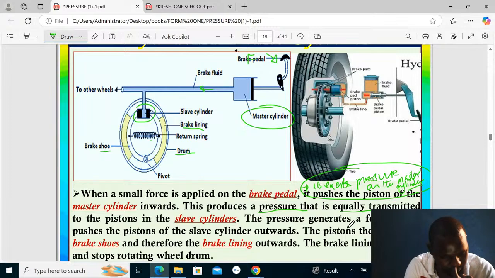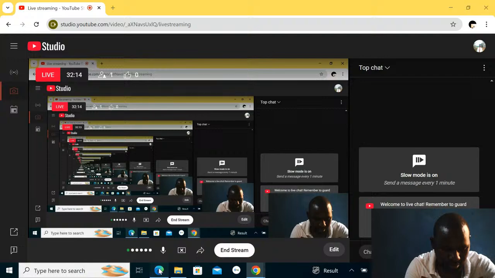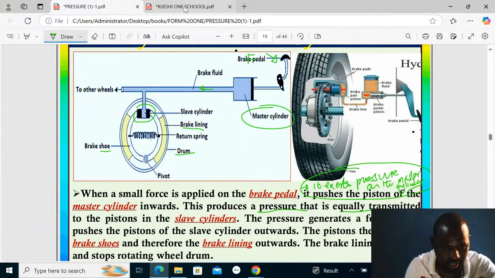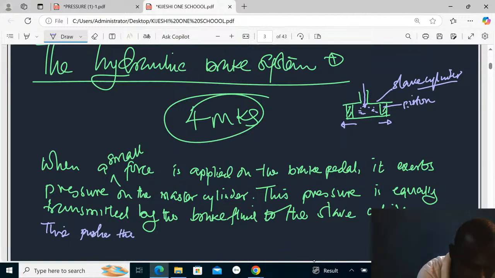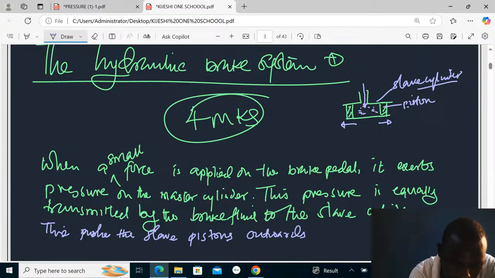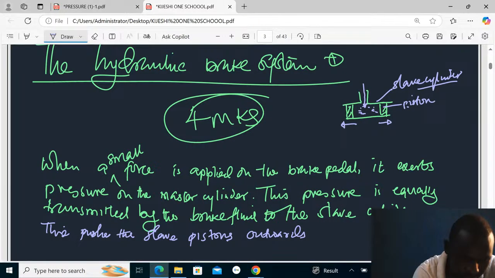So if you have to continue, you can say this opens, this pushes the slave pistons upwards, pushing the brake shoes.